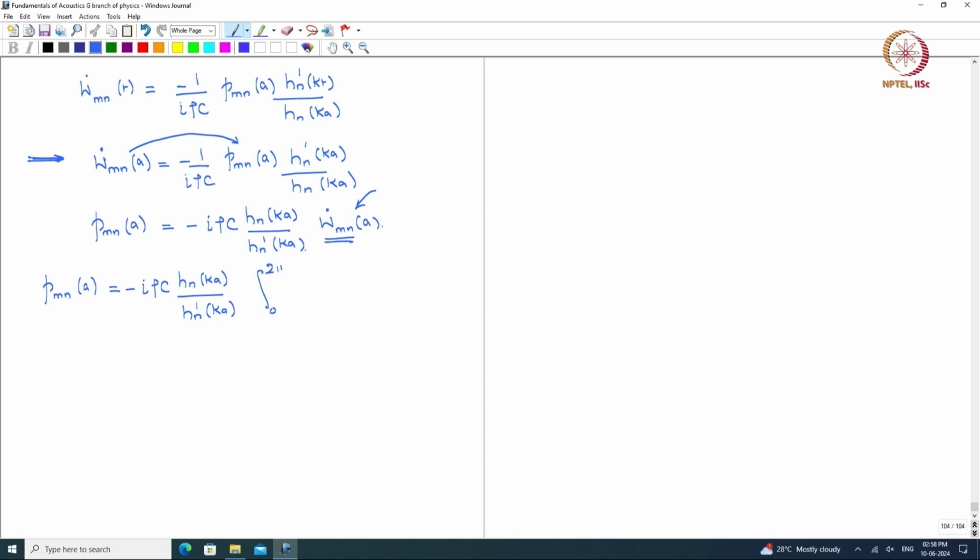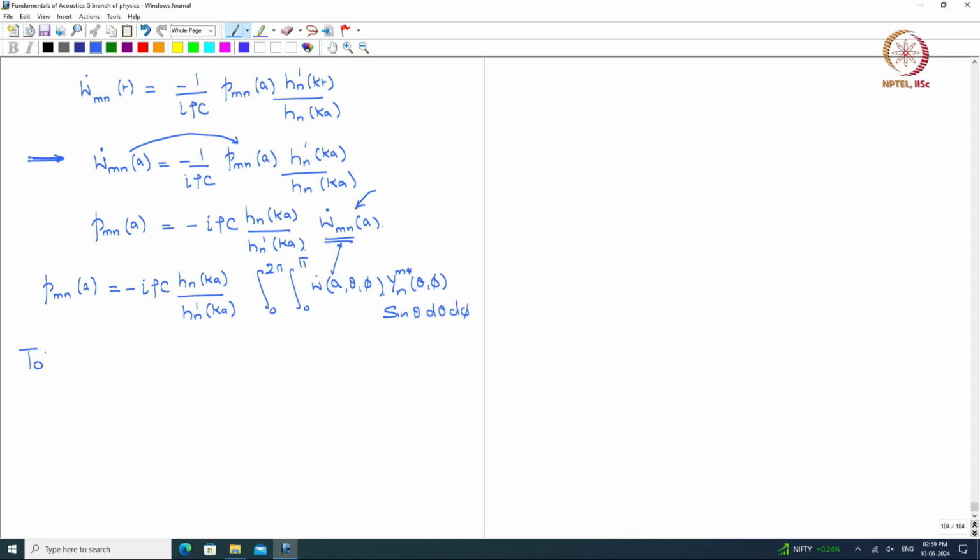Totality is integral 0 to 2 pi, 0 to pi, w dot of a, theta, phi, then Y_mn conjugate (theta, phi) sine theta d theta d phi. So this is what w dot mn is from w dot a, theta, phi.